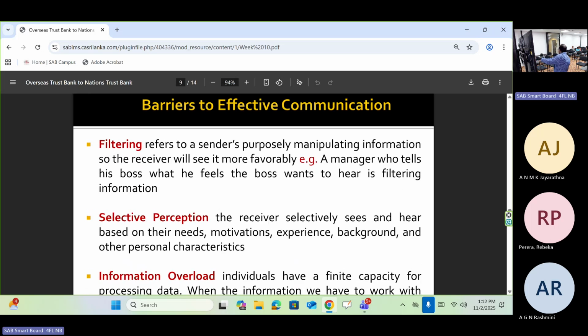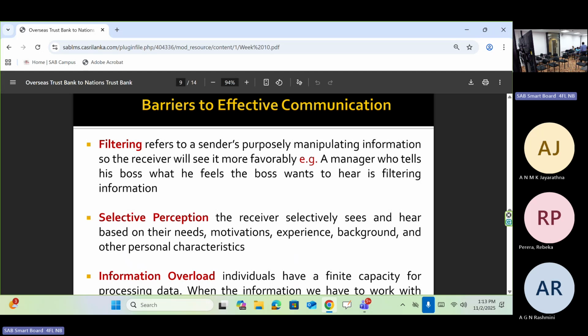Selective perception is another barrier. It happens from the receiver side. Right. The personal variables we mentioned in the two boxes lead to these sections. The personal variables of the receiver lead him or her to interpret and understand the message in a biased way to match his or her personal variables.